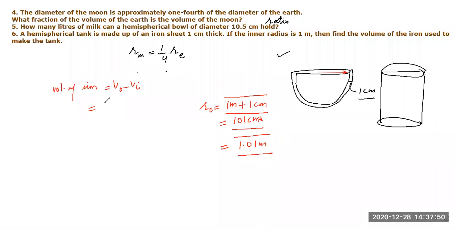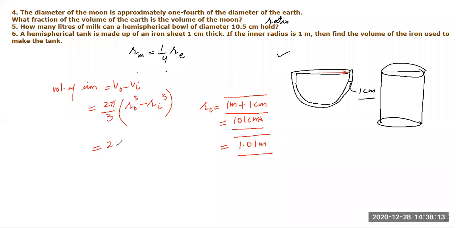Volume of sphere is 4 by 3 pi r cube, so volume of hemisphere is 2 by 3 pi r cube. So it will be 2 by 3 pi, ro cube minus ri cube.